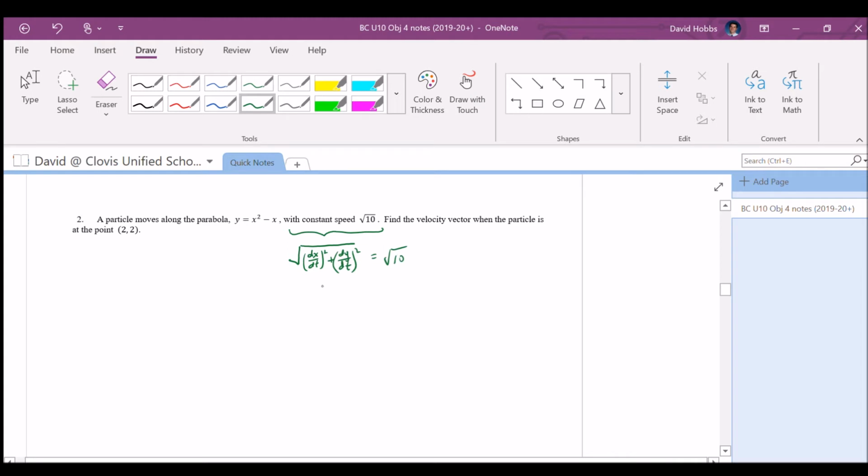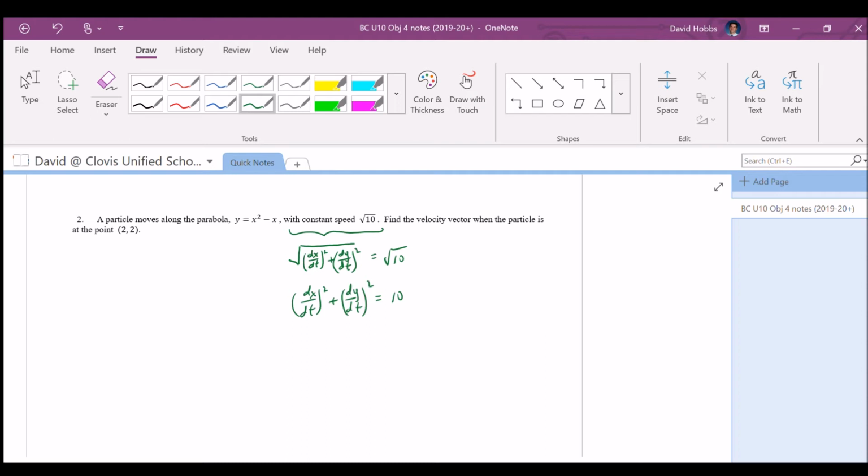Of course, if we square both sides, we get (dx/dt) squared plus (dy/dt) squared equals 10. We need to pause right there for just a bit.